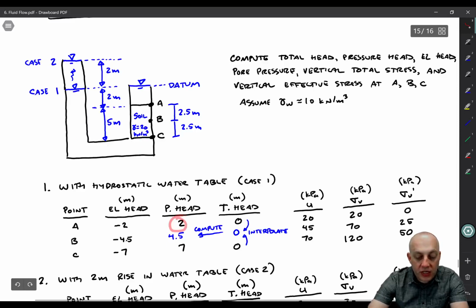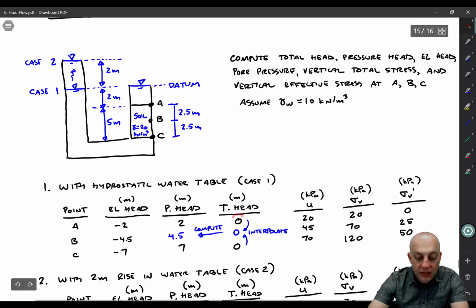Therefore, we know the pressure head at those points. So at point A, we're going up to this water level. It's 2 meters between point A and the water surface, so the pressure head is 2. At point C, we're going around this way and up, so we have to go up 5 meters and then up 2 more meters, so it's 7 meters of pressure head there.